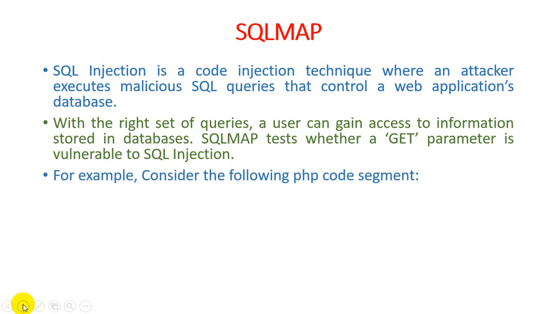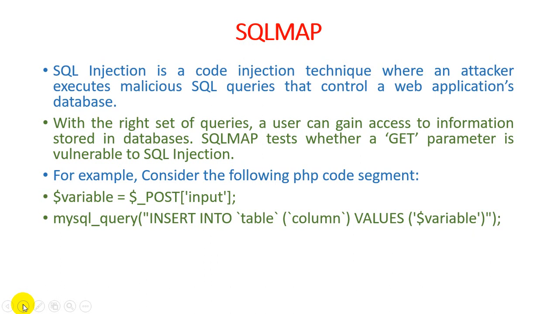For example, consider the following PHP code statement, like a variable. In PHP we can create a variable with a $ sign. And for this, if you want to transmit your data with the help of the POST method, then you can use $_POST and input values. As a query execution, you need to pass some input which is given by the end user.